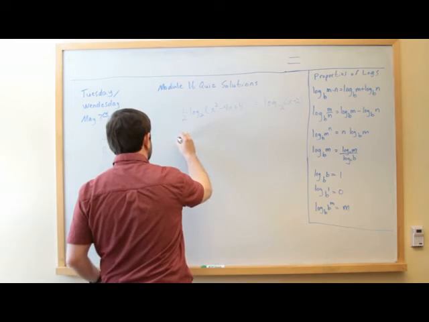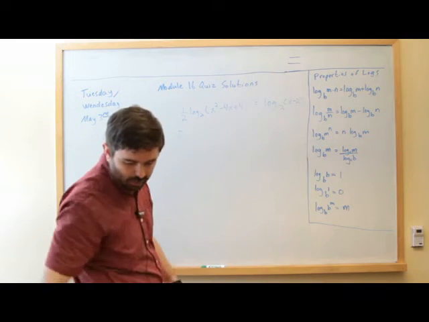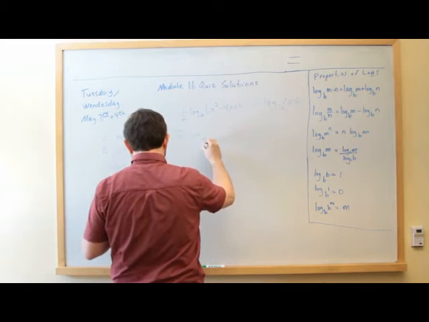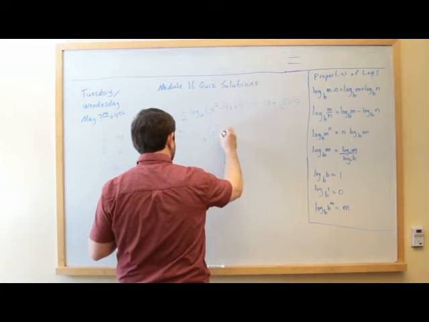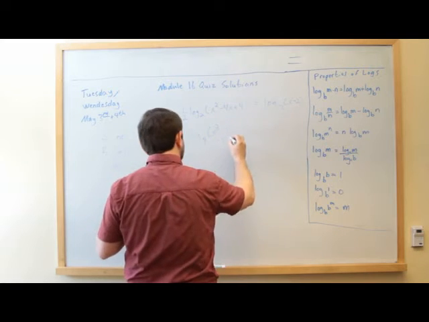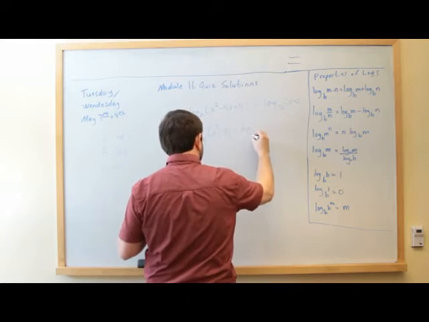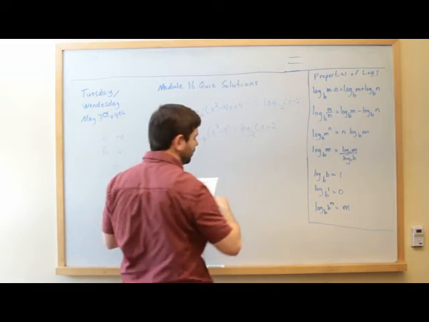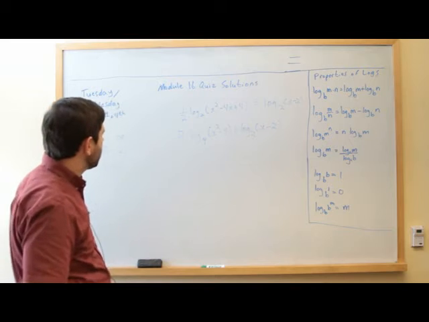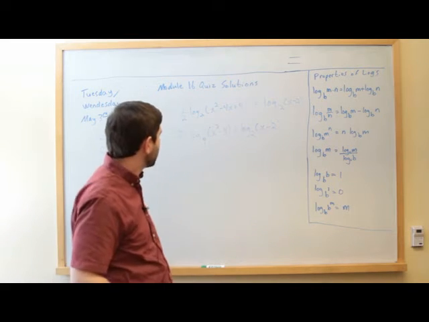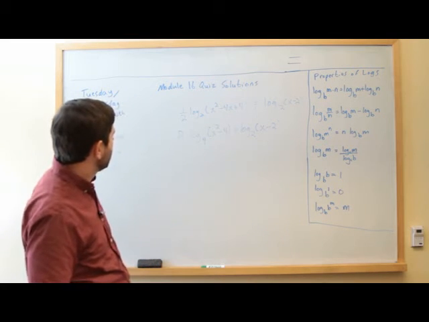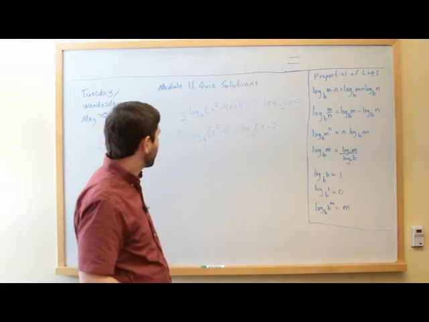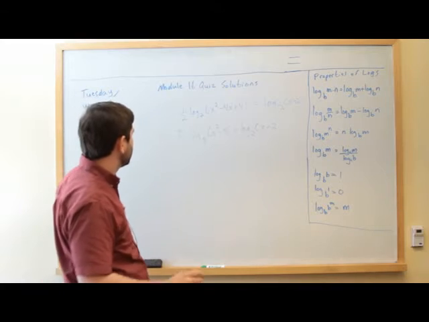D. We have log base 4 of x squared minus 4 plus log base 2 of x minus 2. I'm seeing different bases, so change of base rule might be in order. I'm seeing a difference of 2 squares, so we can factor that out nicely. Let's see what we get.